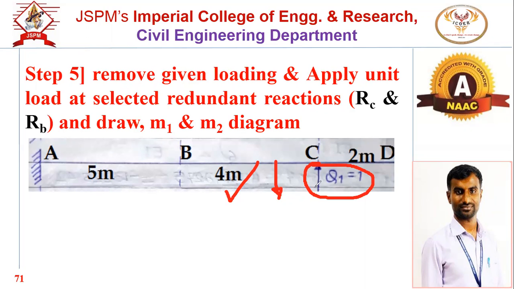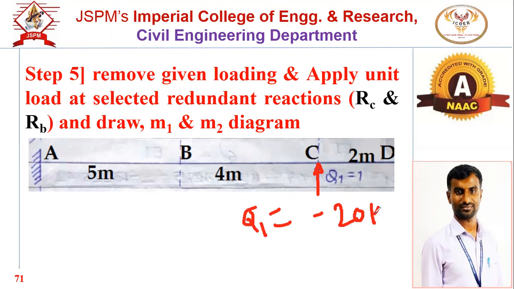After the calculation, suppose you considered this as upward, and if Q1 is equal to, suppose, minus 20 kilonewton after the calculation of the compatibility equation, what does that minus sign indicate? MCQ for your unit test.